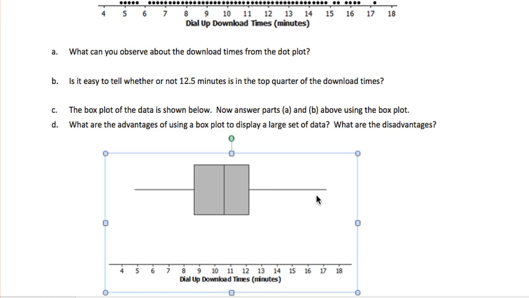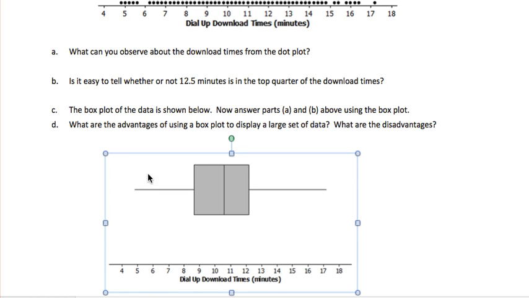Remember, the upper fourth of the data is this whisker. So it's not really easy to tell which one it's in because our third quartile is very close to that value. What are the advantages of using a box plot to display a large set of data?